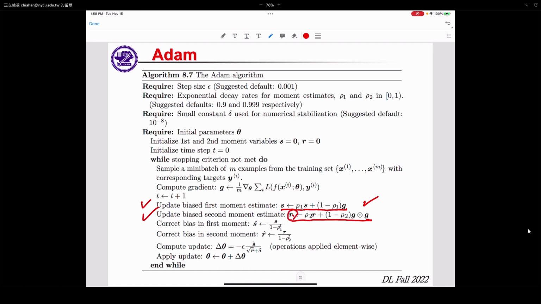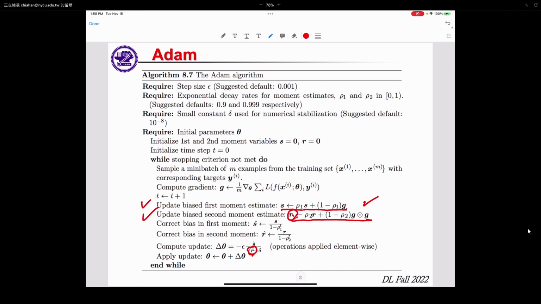because R determines the learning rate, right? It's in the denominator.